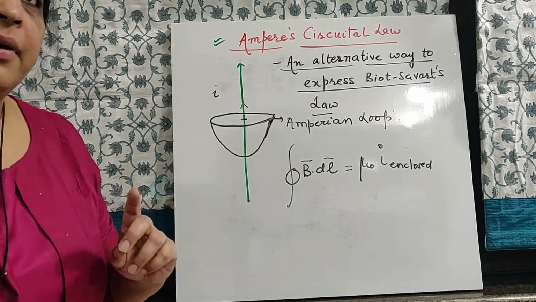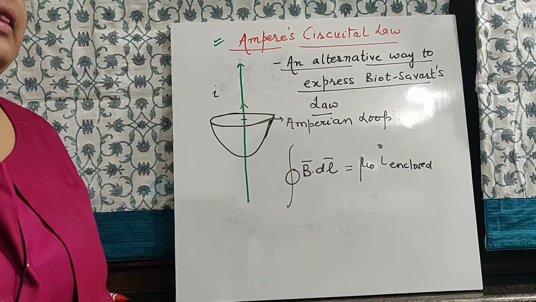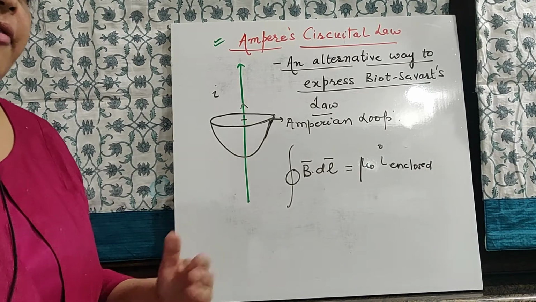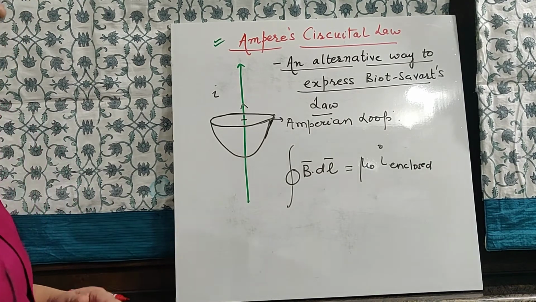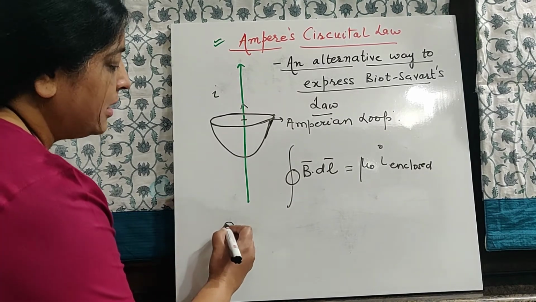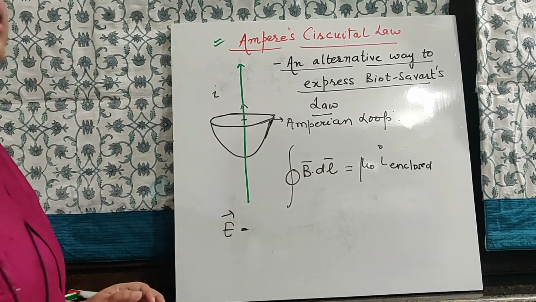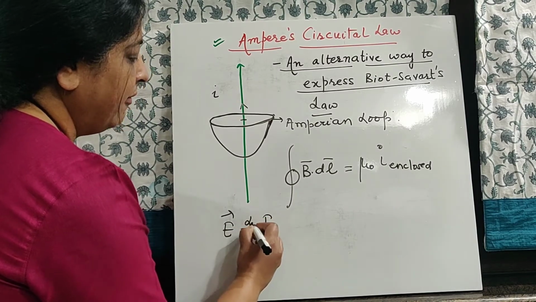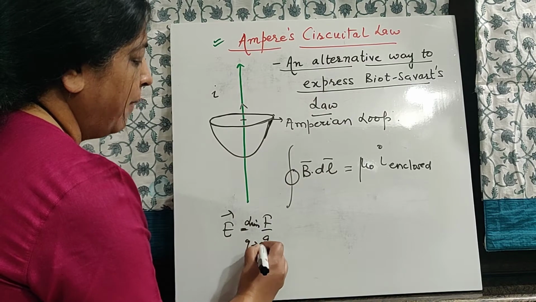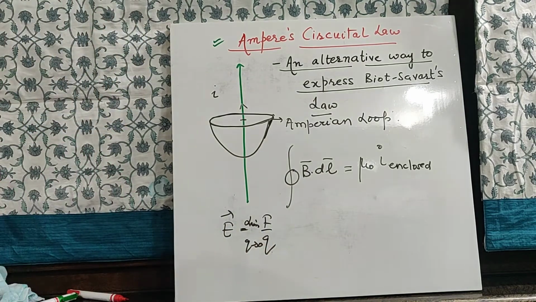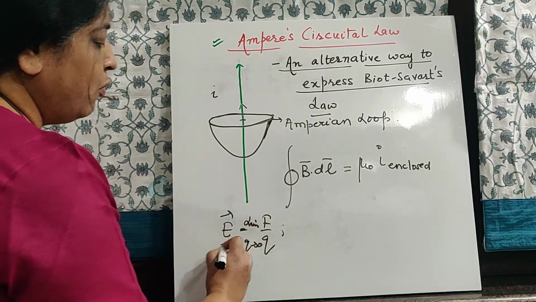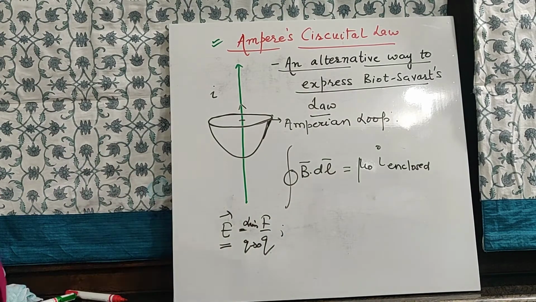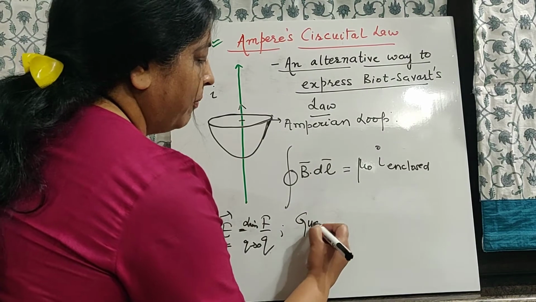Now if you really remember, we have already done in the first chapter, which was related to the electric field. Initially we learned how to calculate the electric field by using the formula F by Q, where we took the limit Q approaches 0. And then later on we tried to find out the electric field due to a given configuration of charges by using Gauss's law.